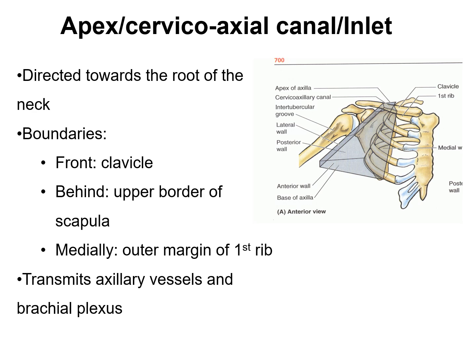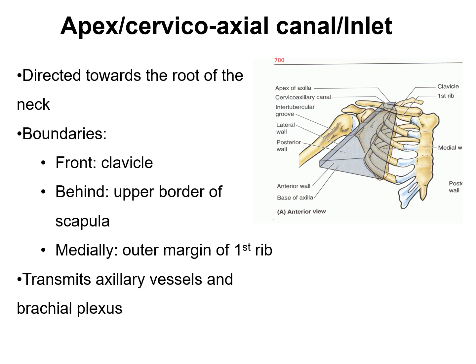You have the apex, and remember that we established the fact that it is actually an inlet. It connects the neck region, or the cervical region, packaging the vessels, both nerves and blood vessels, into the upper limb.